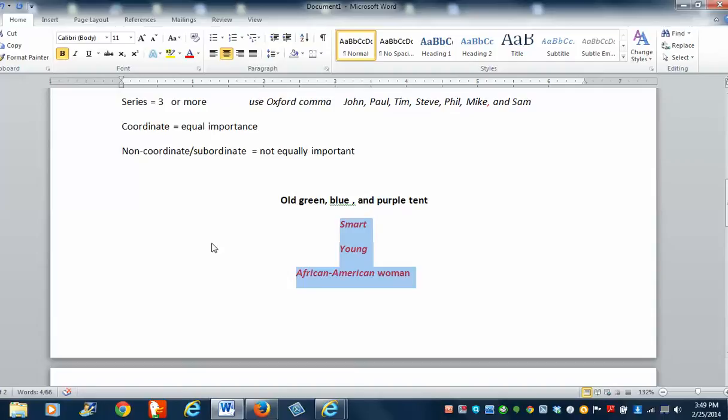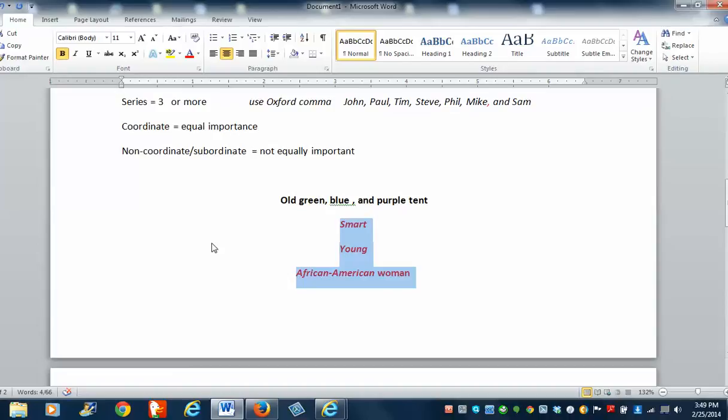Okay, you probably would not say African American smart young woman, right? You would probably say smart young African American woman, or maybe you would say young smart African American woman, but that African American description would be closest to woman. So that is the more important modifier here, okay?